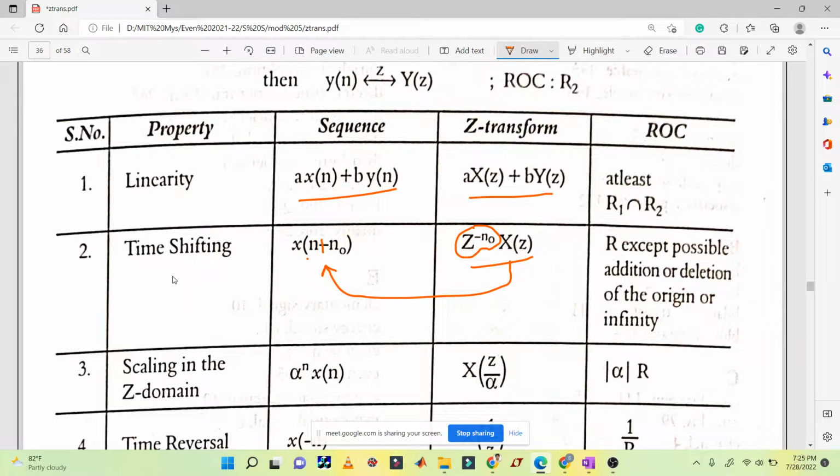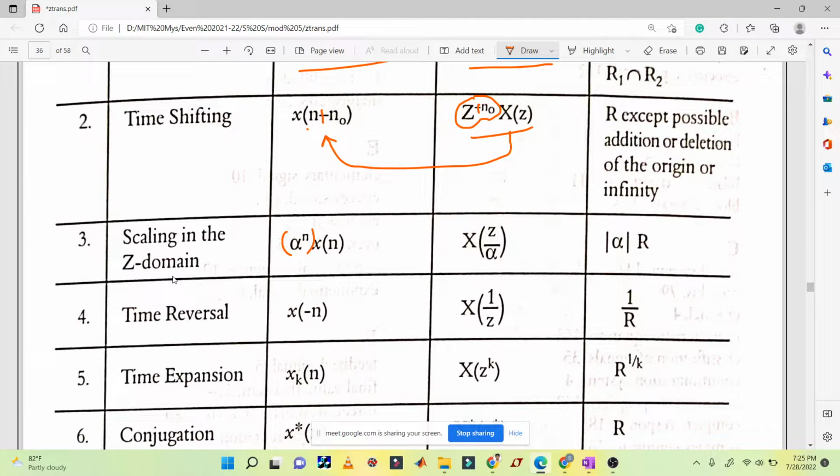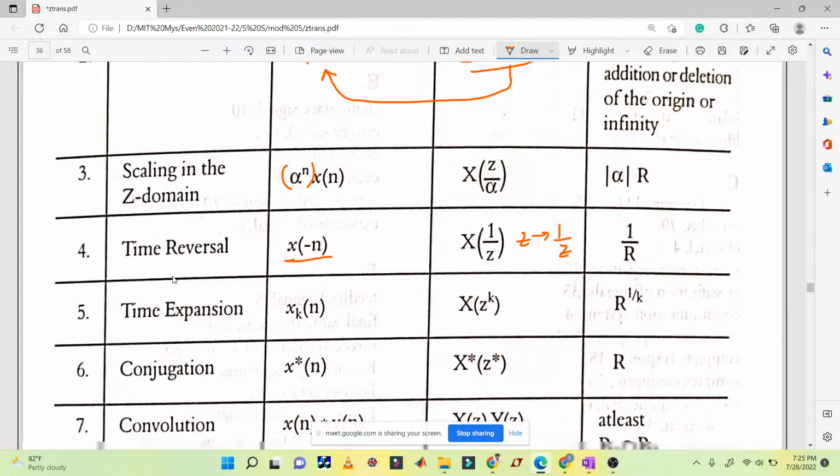If it is plus, then we have to multiply it by Z to the power plus n naught. Then multiplication by a to the power n is nothing but Z divided by alpha. Time reversal. If x of minus n is given, then wherever z is there, we have to replace it by 1 by z.